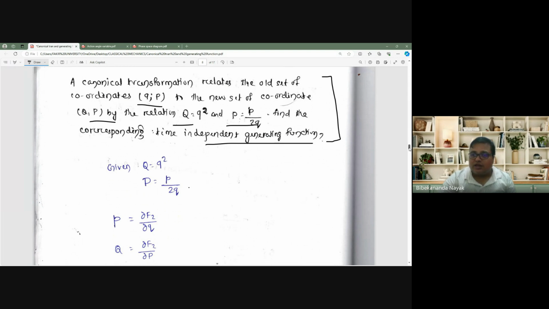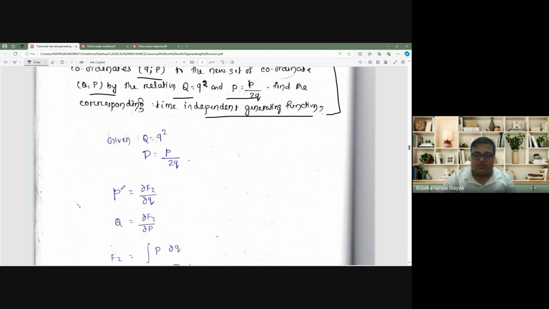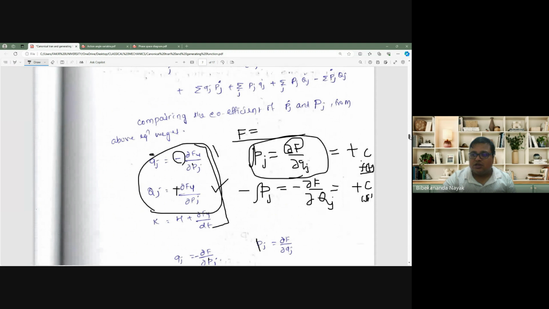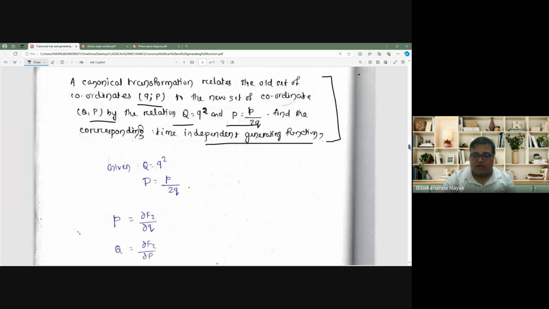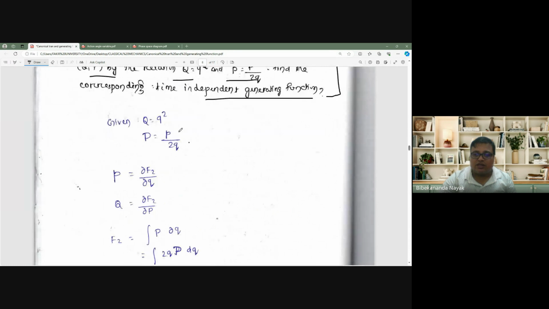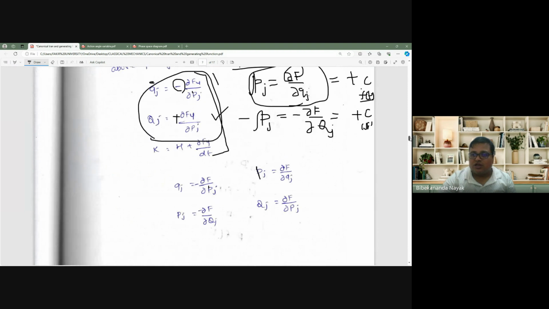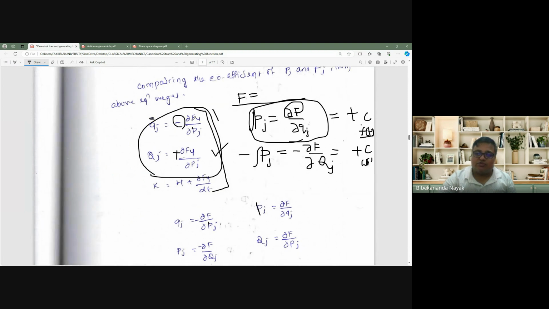According to our formula, capital P is a function of small q or capital Q. We have four relations basically: small q is minus del F by del small p, capital Q is plus del F by del capital P, small p is del F by del small q, and capital P is minus del F by del capital Q. We have four formulas.